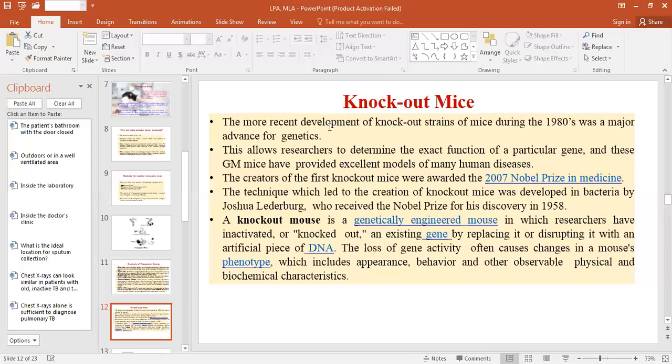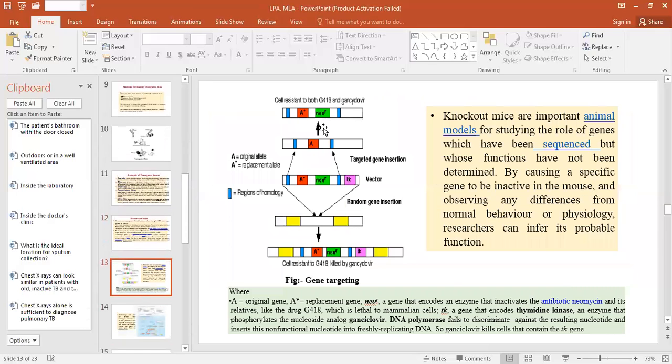The loss of gene activity often causes a change in a mouse's phenotype, which includes appearance, behavior, and other observable physical as well as biological characteristics. So this is the model of how you can knock out a gene. This is the cell resistant to both G418 and ganciclovir, an antiviral drug.